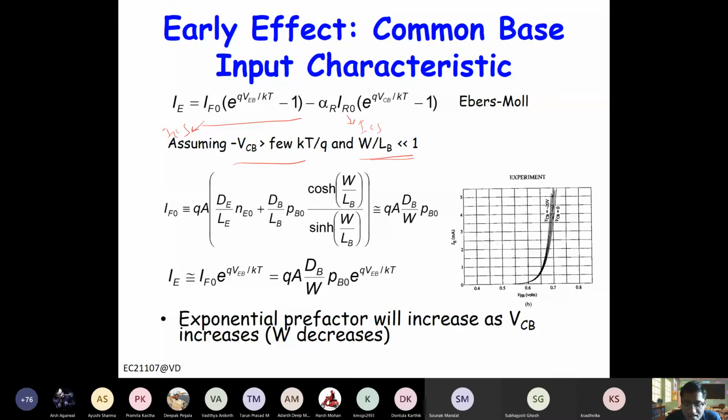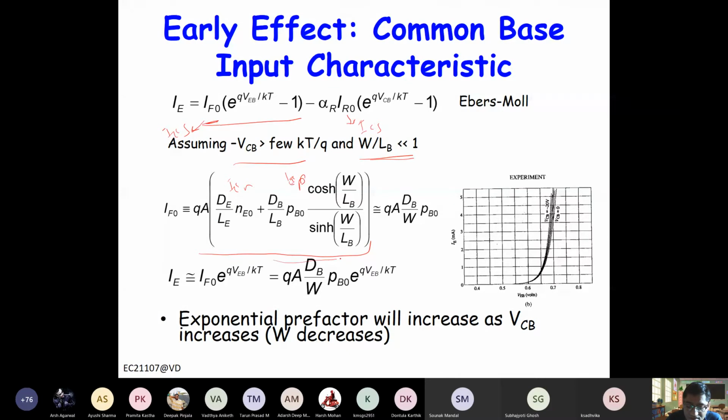If you look at the expression for IF naught or IES, you had this coefficient for the exponential function, which you can approximate. There are two components, IEN and IEP, right? Of course, because the emitter is highly doped, it is IEP which will be dominating.